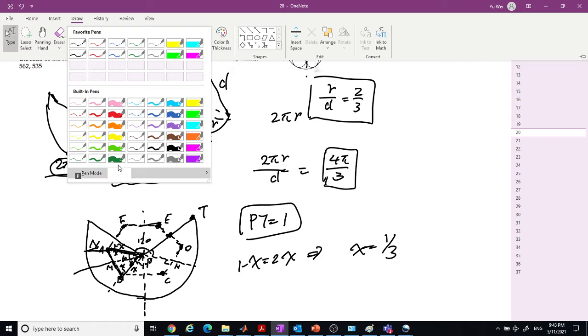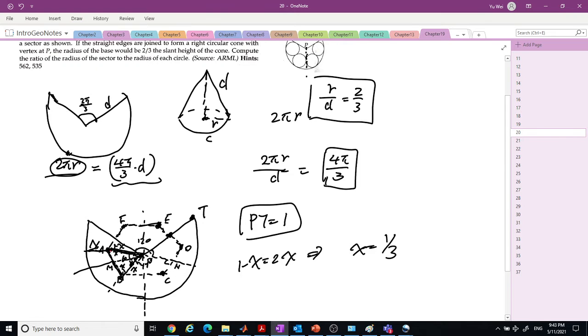Let me draw it to make it clear, okay? So here is the center, here is the center. This is 30 degrees, this is 30 degrees, so this is 60 degrees, right? And these two from the center are the same length, equal length. So this is the circle, right?